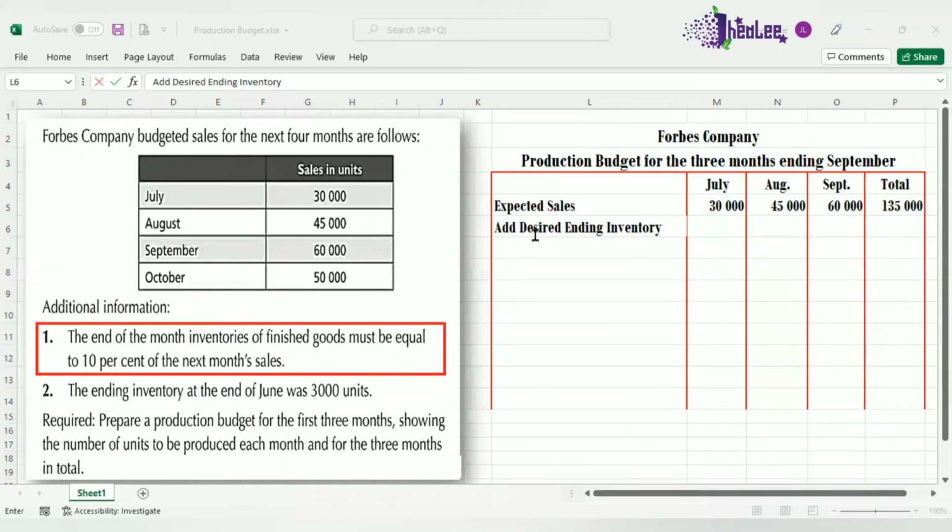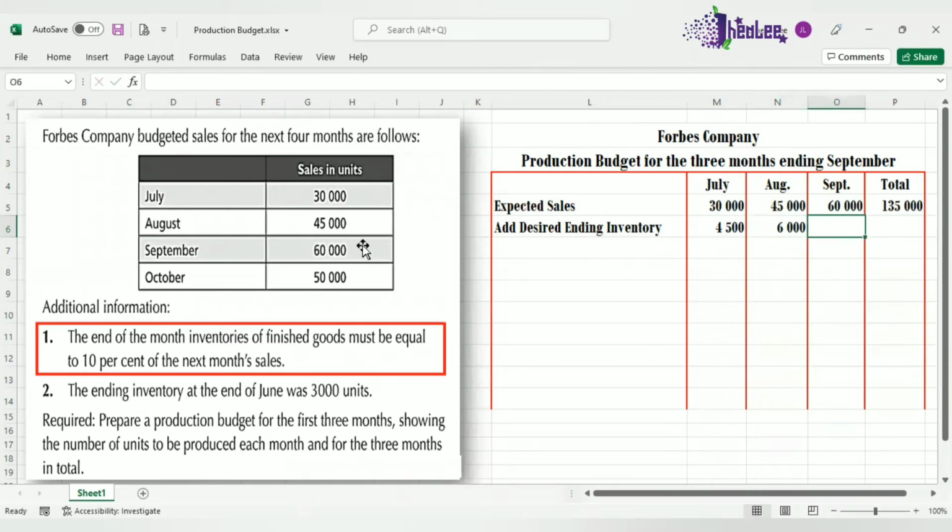So for July that we are in, we're going to find 10% of the next month, which is August sales, and that would be the ending inventory. So remember that is 10% of the 45,000, and that will give us 4,500. For August, it is 10% of the next month, which is September sale, and that is $6,000.